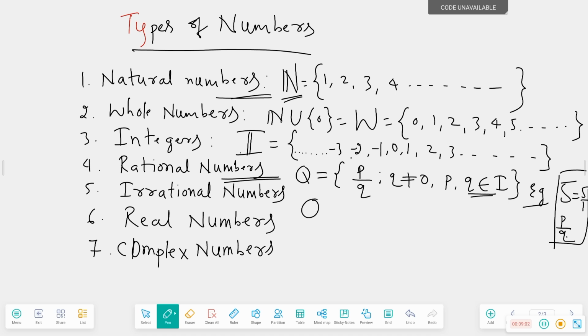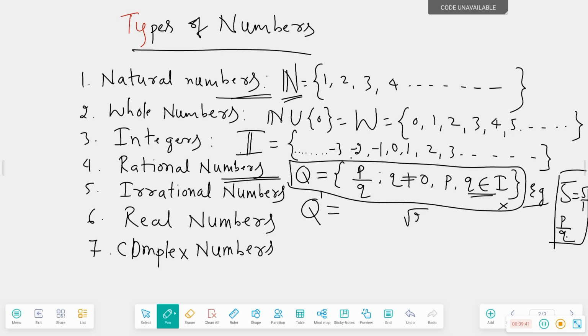Irrational numbers are denoted by Q dash, and it is a set. The numbers which are not rationals are called irrational numbers. That means if the condition, the numbers of the form P by Q, Q not equal to 0, P, Q are integers, is not satisfied, those numbers are called irrational numbers, and it is denoted by Q dash.